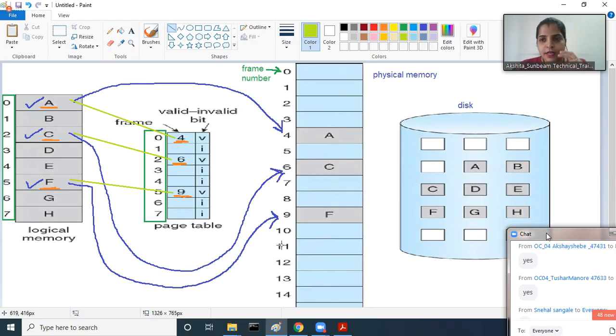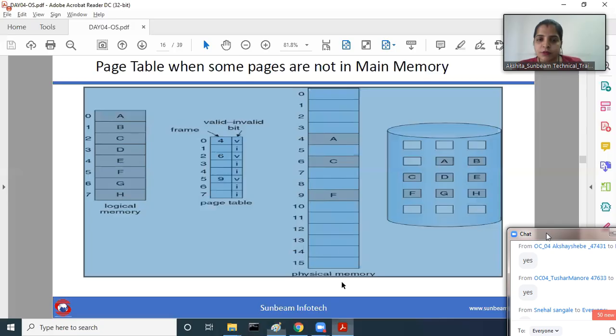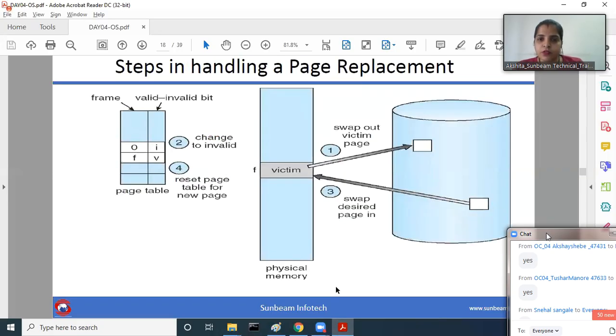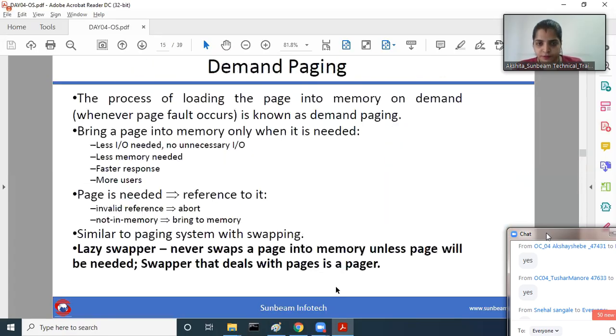So instead of loading the complete process into the main memory from A to F, only 3 pages have been loaded into the main memory, right? And accordingly, it will maintain that frame number inside the page table. Have you understood up to this point?